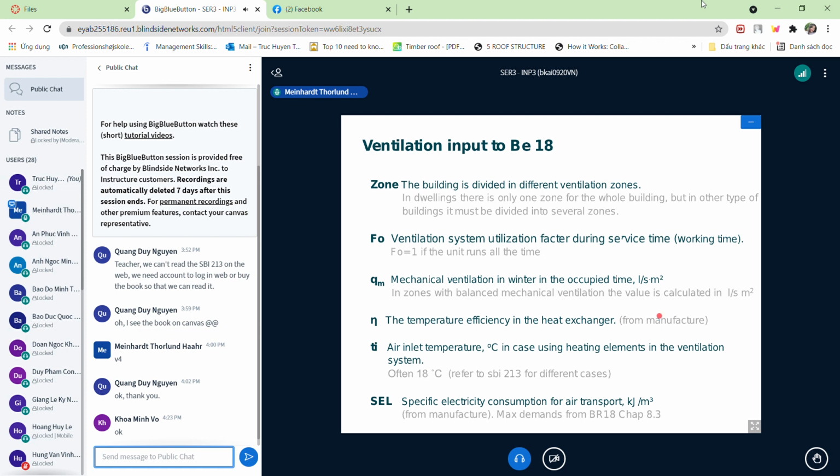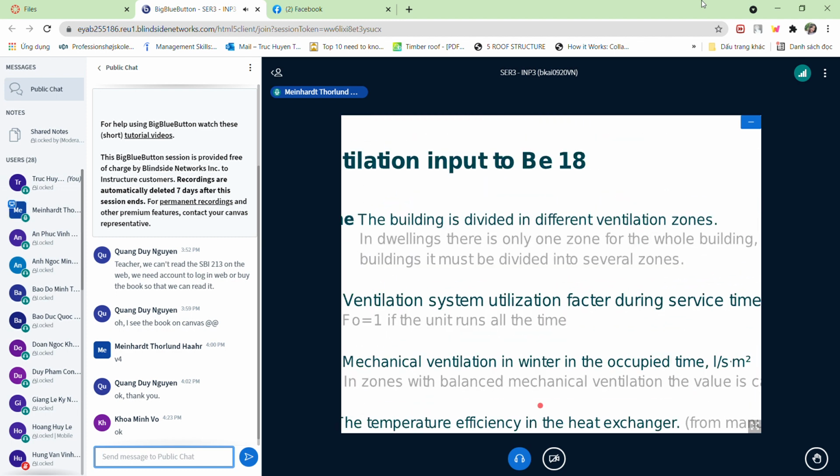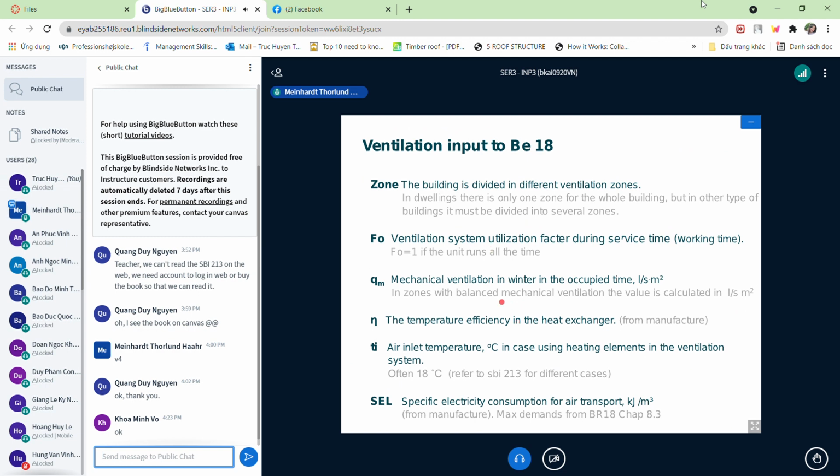The reason why I stopped is that I don't know if it looks like that for you, but for me it looks like this presentation is cut off for some reason. So I cannot see the top part and the bottom part. I don't know how to change that.